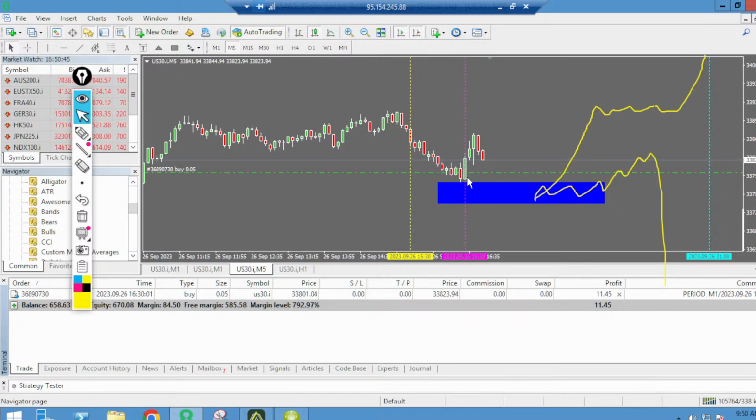If it stays like this, keep testing the high, then it's going to keep going up. We will see what's going to happen here.